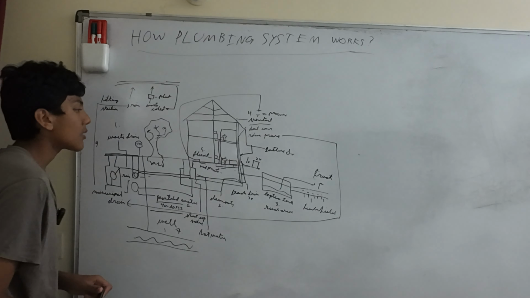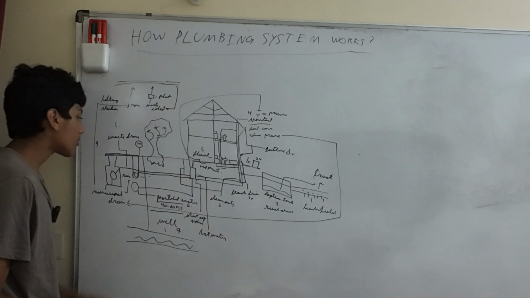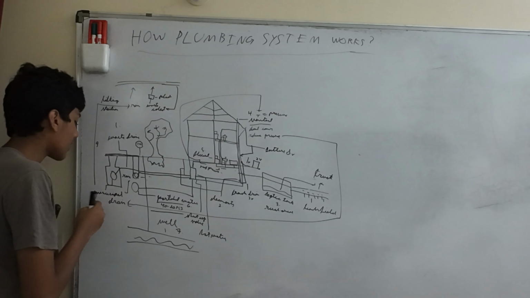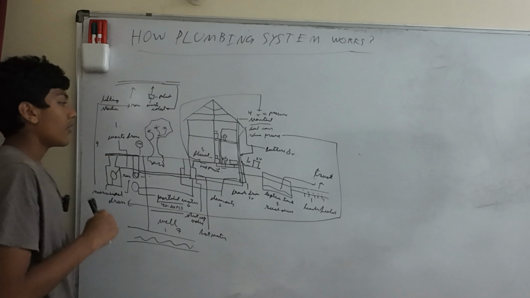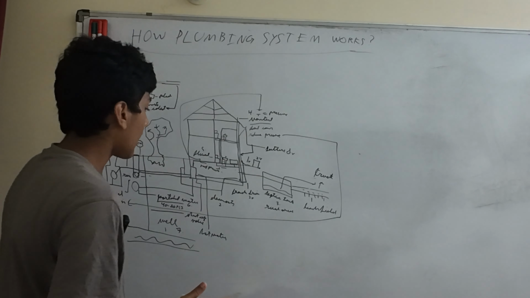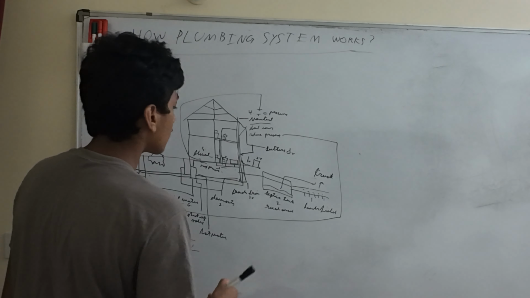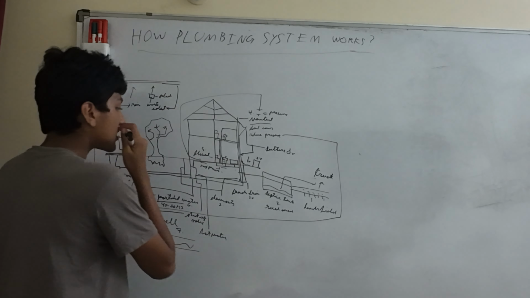But now you also might be asking, what about in rural areas, where, unlike in urban areas, there aren't streets and a drain for the waste to go to? Well, the waste will go to a septic tank.